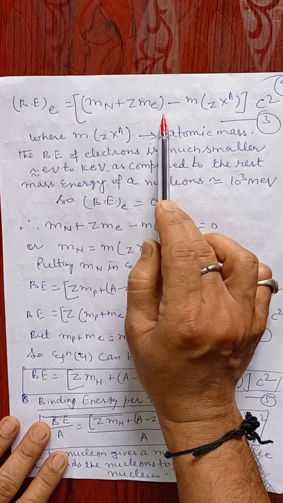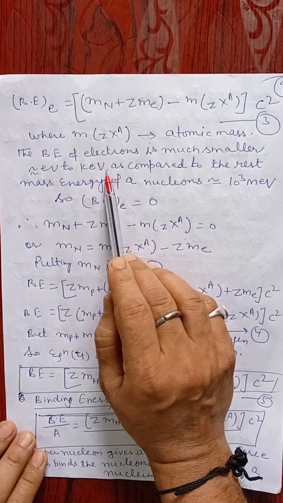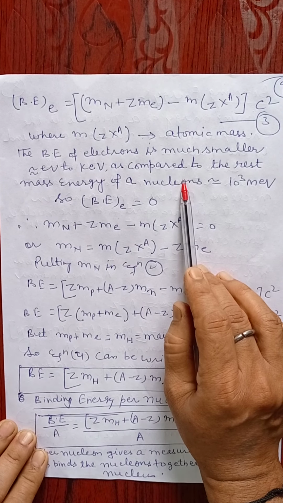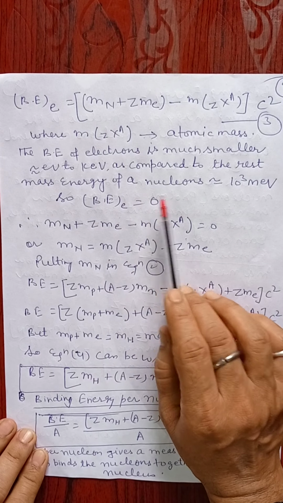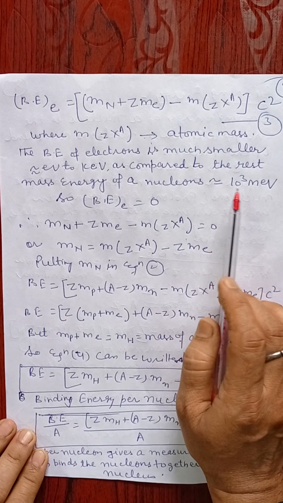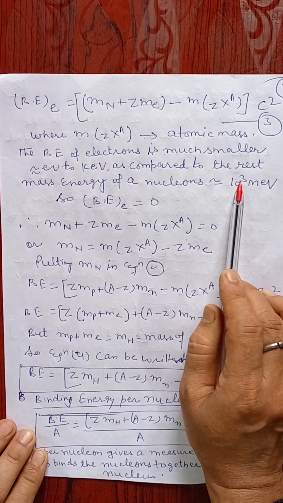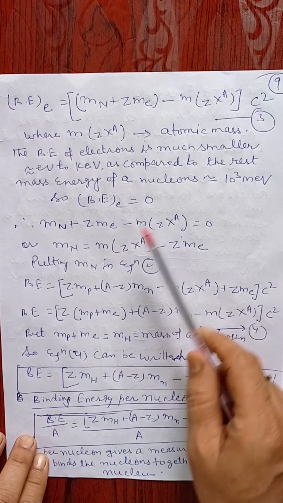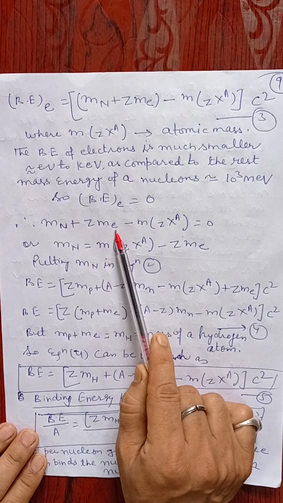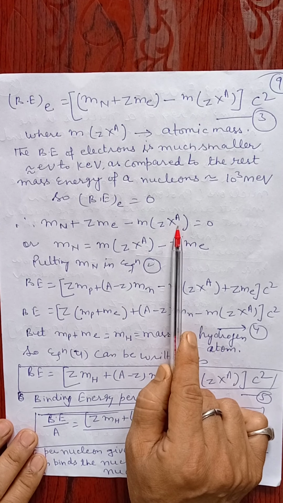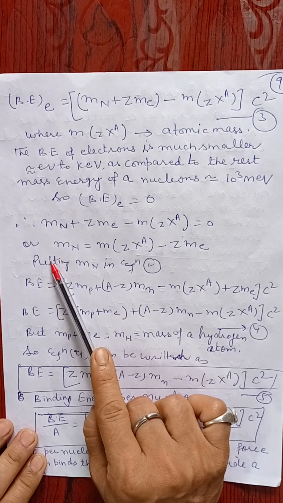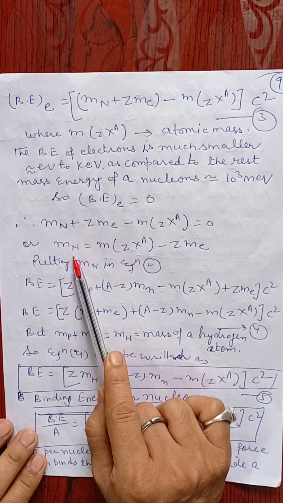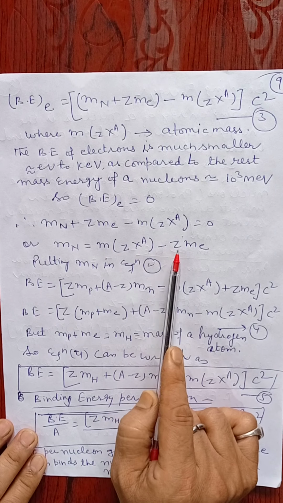The binding energy of the electrons is of the order of electron volt to kilo electron volt, much smaller than the rest mass energy of the nucleons, which is nearly 10 raised to the power 3 mega electron volt. So the binding energy of the electrons can be taken as 0. Therefore Mn plus Z Me minus M(ZXA) is equal to 0, and Mn is equal to M(ZXA) minus Z Me.